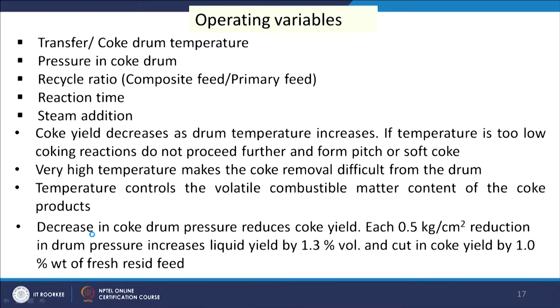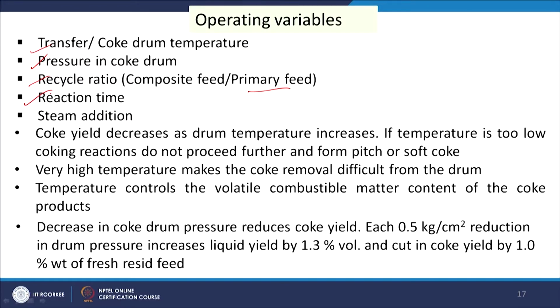So, what are the factors that will influence the quality of different products and their relative distribution? Some operating variables are the transfer or coke drum temperature. The coke drum temperature I maintain will influence how much gas, how much coke, and how much liquid is produced. The pressure also influences it, and the recycle ratio.